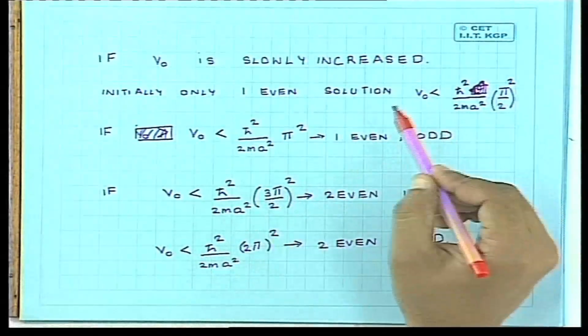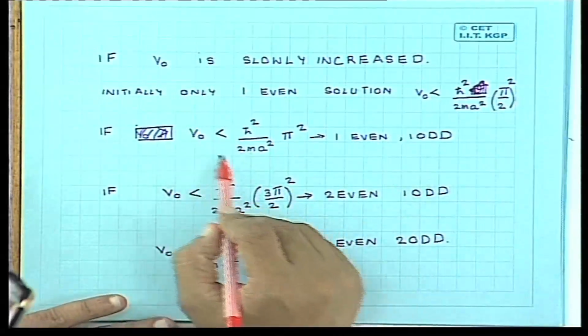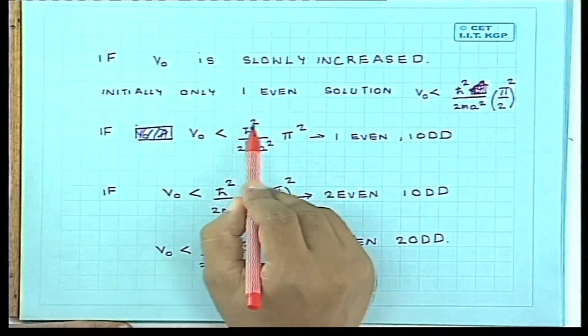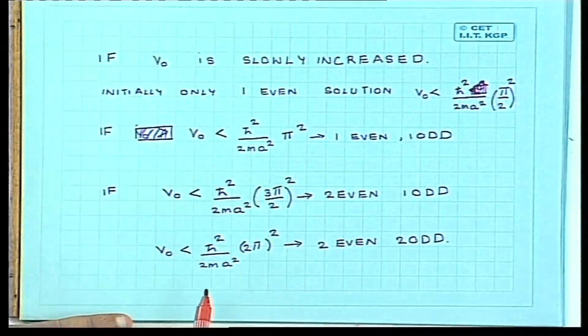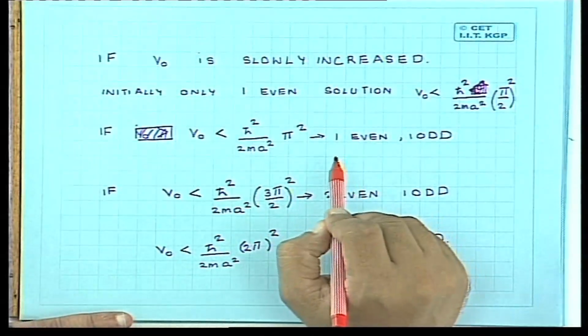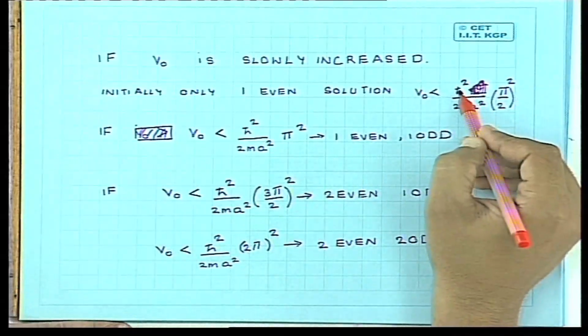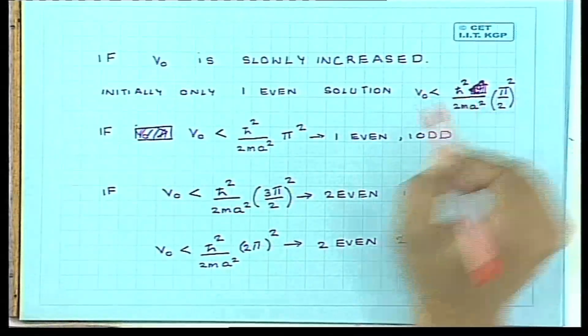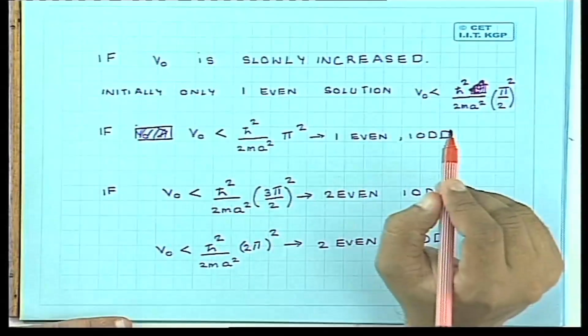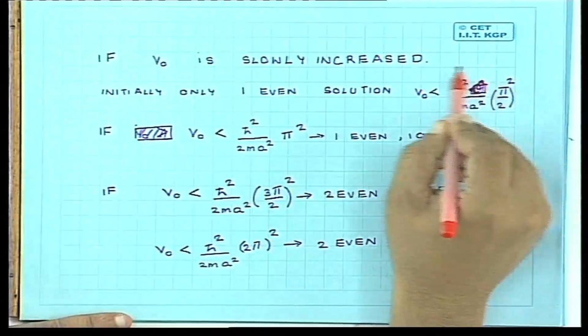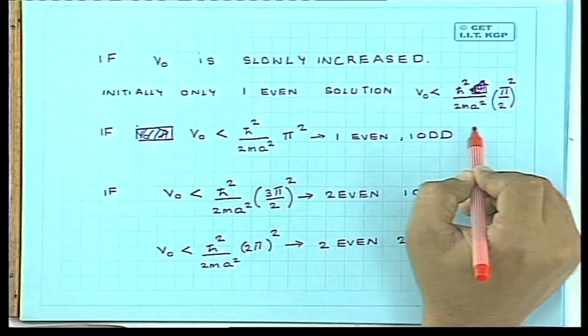If you increase the potential, the moment it crosses this value over here, ħ² by 2ma² into π², but it is less than this, so you're increasing the potential. If the potential is less than this, you have only one even solution.